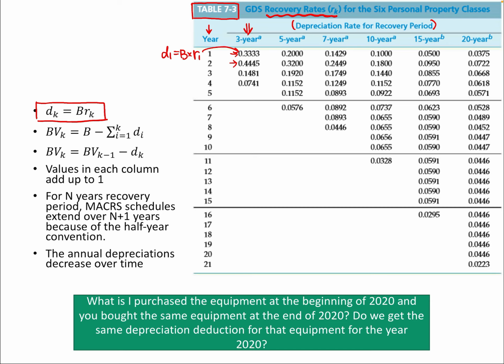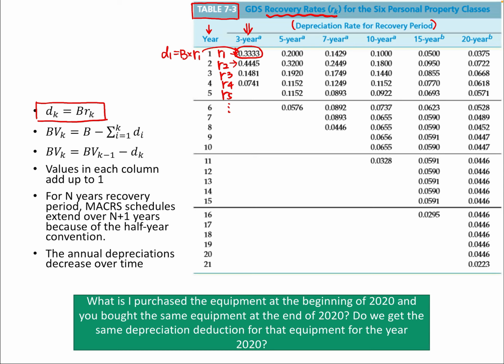In this table, the number in the first row is R1, and this is R2, R3, R4, R5, and so on. For assets which have a recovery period of 3 years, it only has 4 R's. And for the ones under the 5-year column, it only has 6 rows.